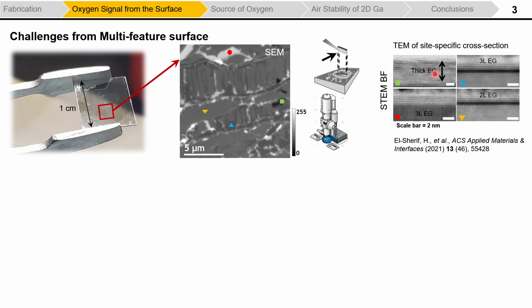However, the dark contrasts and the white contrasts represent non-intercalated regions, and for sure there are some particles on the surface that saturate the SEM contrast.